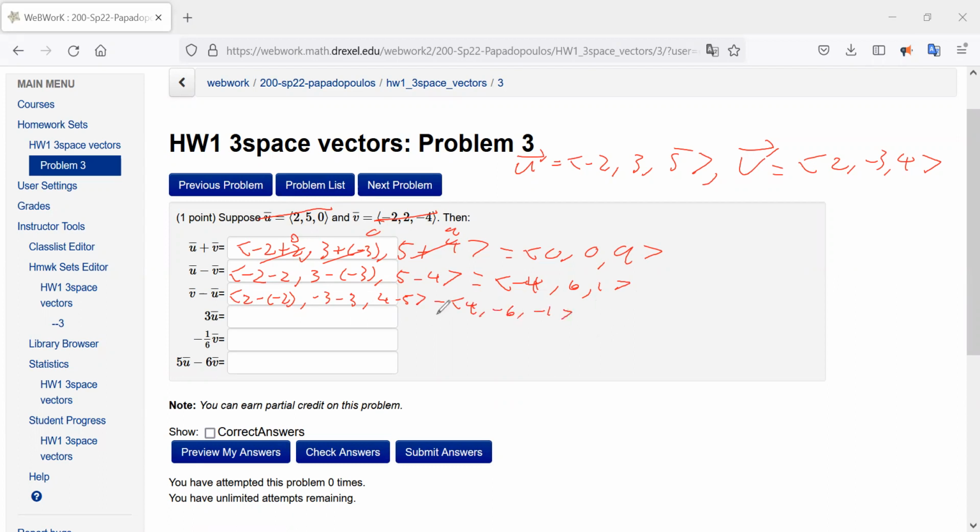And if you notice, this and this are just negatives of each other, right? And that's just because if you multiply this whole thing by negative 1, what do you get? Well, you get this, right? So if you solve this, you can just switch the signs on everything to get this. Save yourself a little bit of time.